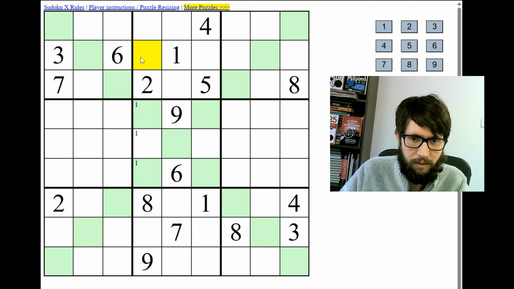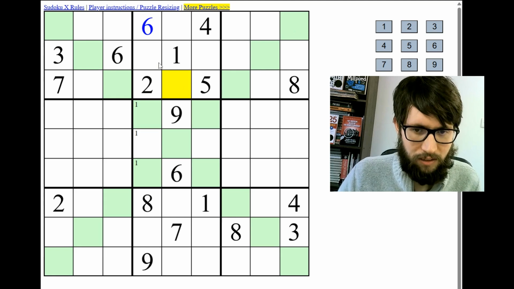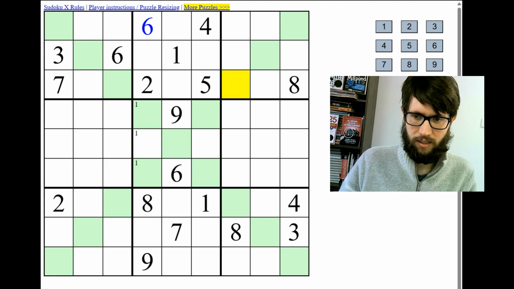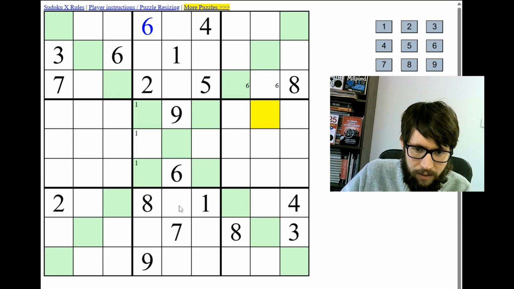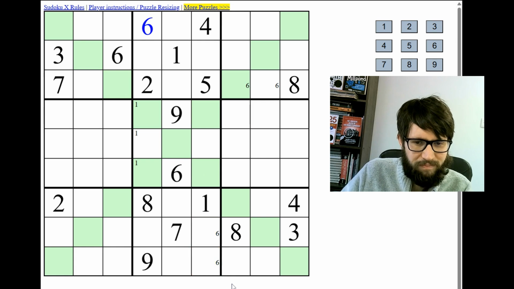So we can't have a 6 there, we can't have a 6 there, we can't have a 6 there. Well, the 6 has to go in the top corner, I believe. And that means the 6 has to go in one of these 2. Don't know for certain yet. And then down here, the 6 has to go in one of these 2.